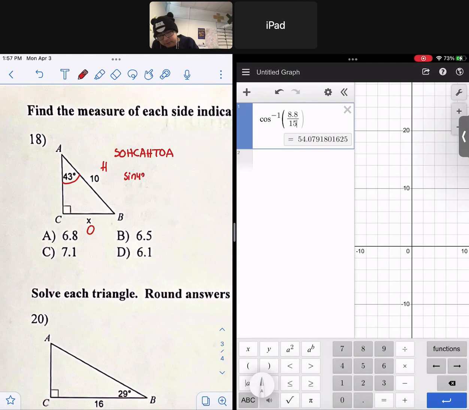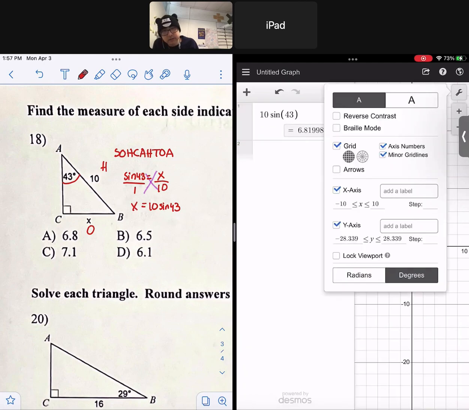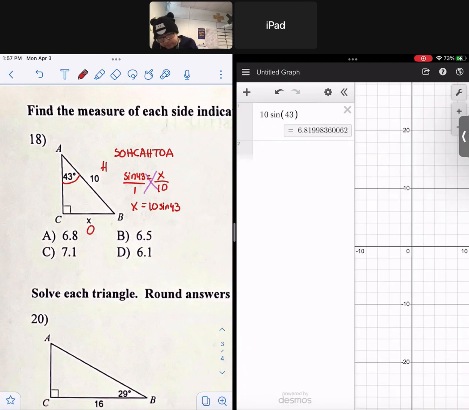Sine of 43 equals opposite over hypotenuse. Cross multiply, x equals 10 sine 43, and that is the thing we plug into our calculator. 10 sine 43. And make sure you guys are always in degrees, right? So 6.8 will be our final answer.